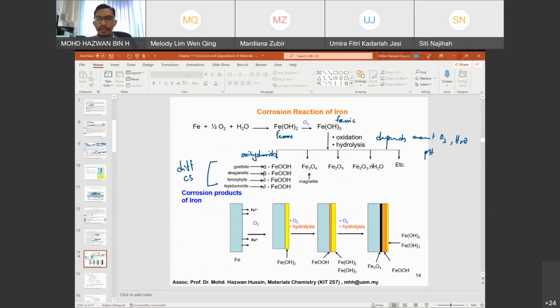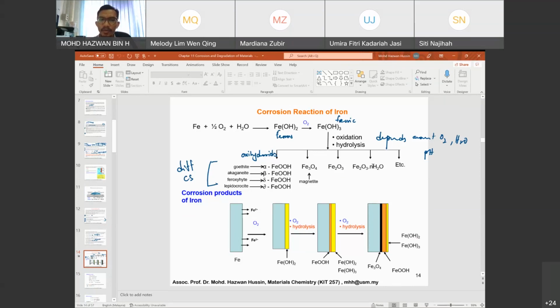Before we ended, we looked into some possibilities of forming different types of rust products. These depend on the amount or concentration of oxygen, water, pH, and so on. The initial products are ferrous hydroxide or ferric hydroxide, but further oxidation could produce oxyhydroxides and other types of metal oxides.